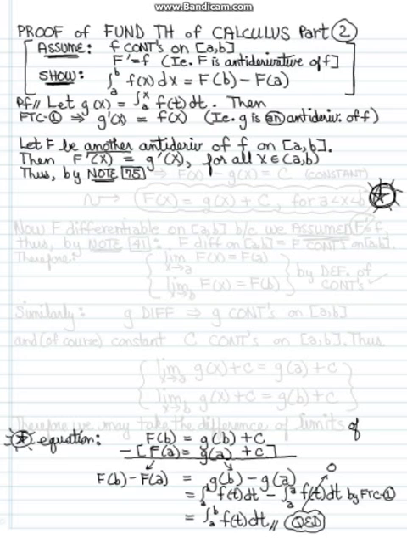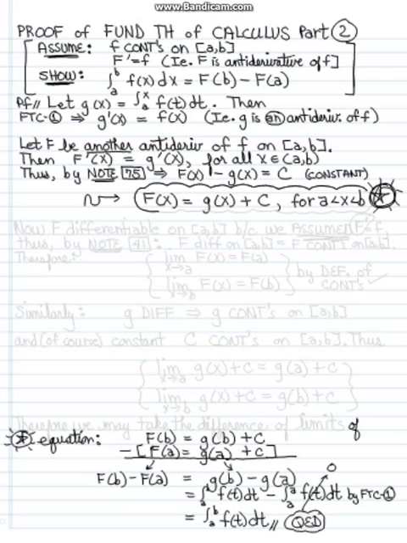Thus, by note 75, go back and look up note 75, that means that capital F evaluated at x minus g evaluated at x equals a constant. Remember, note 75 says if you have derivatives equal, the original functions differ only by a constant. In other words, capital F of x is equal to little g of x plus c for a less than x less than b. I'll put a star there because we're going to refer back to that.